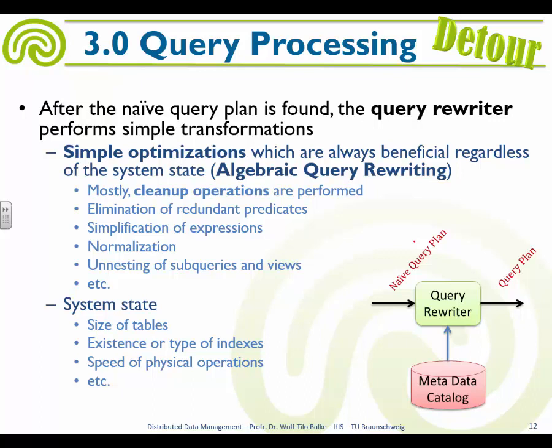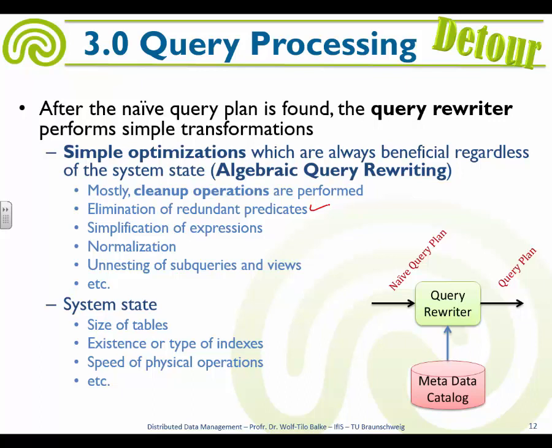And as I said at the beginning, the second step is just doing what we did when we were doing algebra, but doing it with relational algebra. What we want to do is basically perform certain things that, independently of what the system state is, actually work.